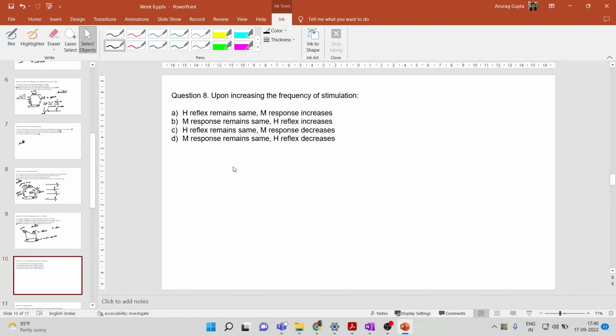Okay, so let us recall what the situation is. We have the stimulus that is continuously given. What happens initially is that there is an M response, and let us assume that the amplitude of this stimulus is enough to induce an M response as well as an H reflex.